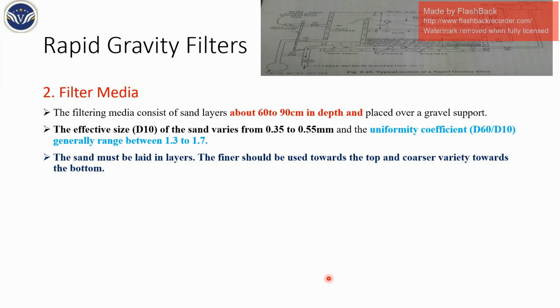Next one, the filter media. Filter media generally has a depth of 60 to 90 centimeters, and it is supported by a gravel media. The effective size D10 varies from 0.35 to 0.55 mm, and the uniformity coefficient D60 by D10 varies from 1.3 to 1.7.